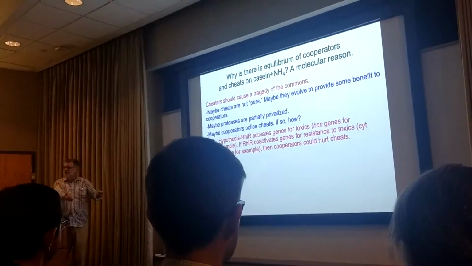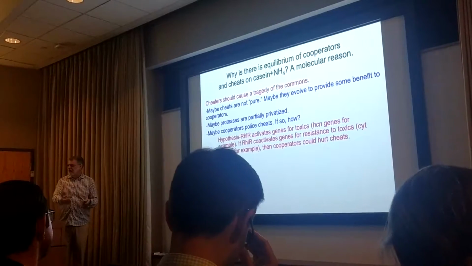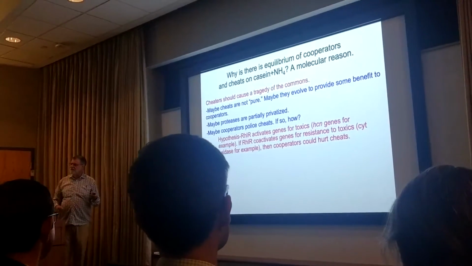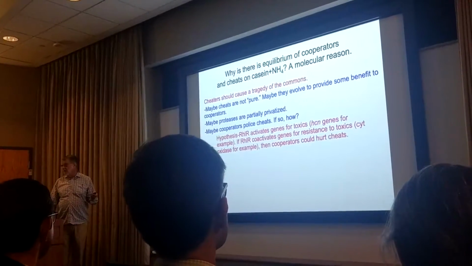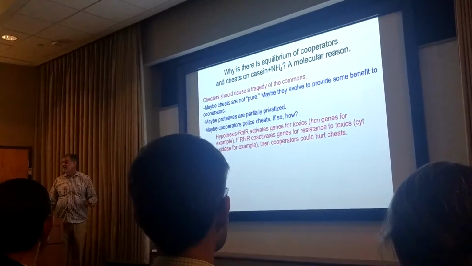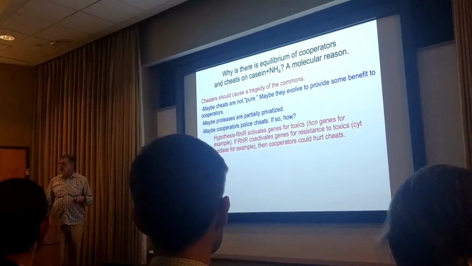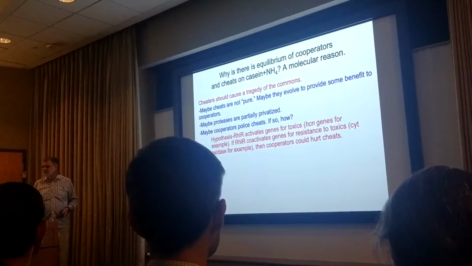Right? The cooperators still make cyanide, still activate the gene for the cyanide-resistant cytochrome. The cheaters don't make cyanide, and they can't resist it as well as the cooperator.